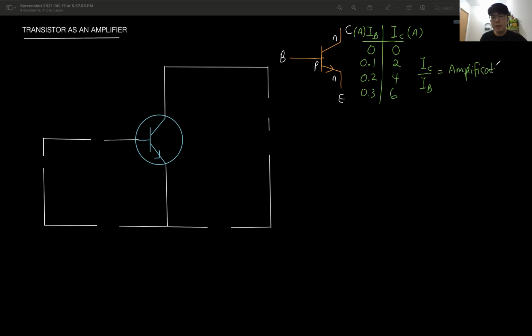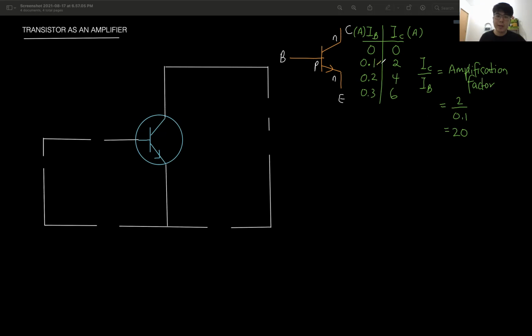Amplification factor is the ratio of IC and IB. So if I take 2 divided by 0.1, that's 20. I take 4 divided by 0.2, I get 20 also.